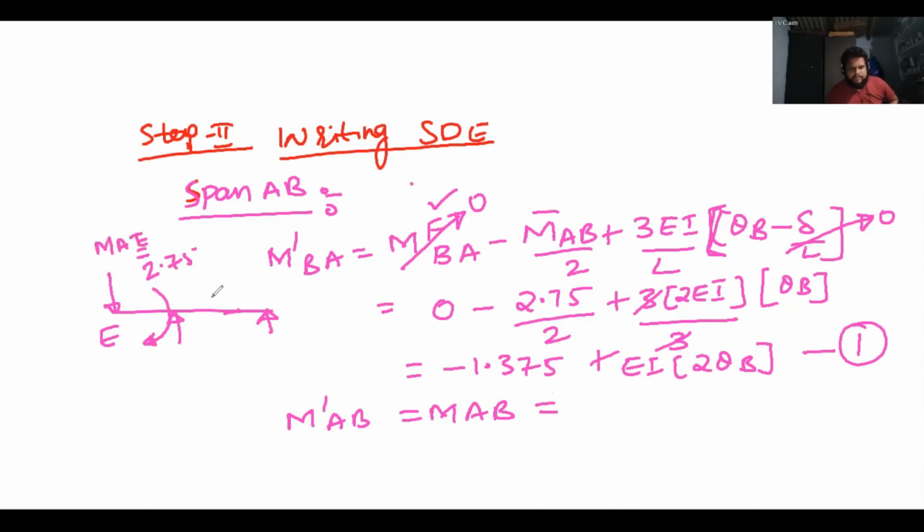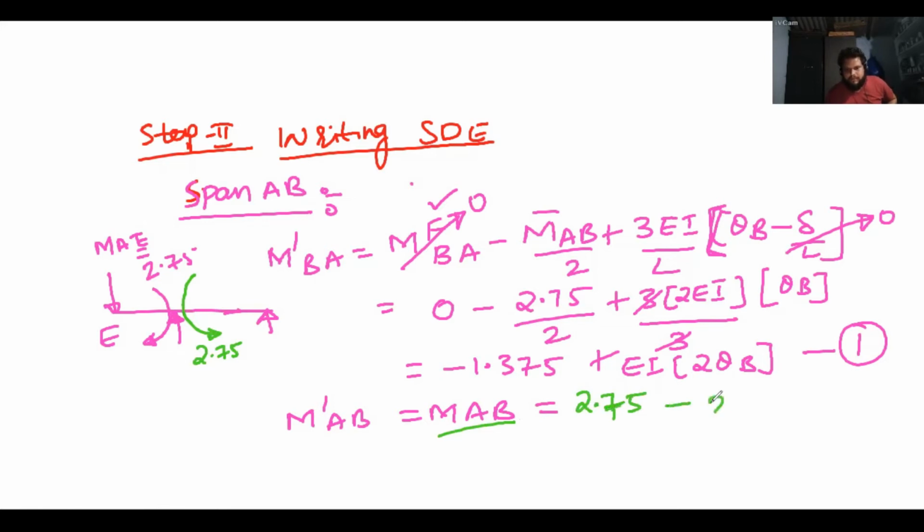Now, at this joint equilibrium should be satisfied. So if equilibrium should be satisfied, what is the moment that will be generated over here? That is anticlockwise 2.75. So directly you can write M dash AB in the slope deflection equation, MAB is the final support moment, that is 2.75. So wherever the error is rectified, here itself at the MAB span.